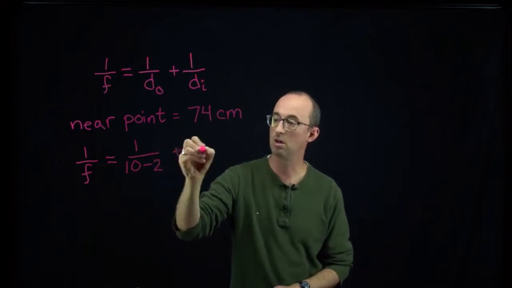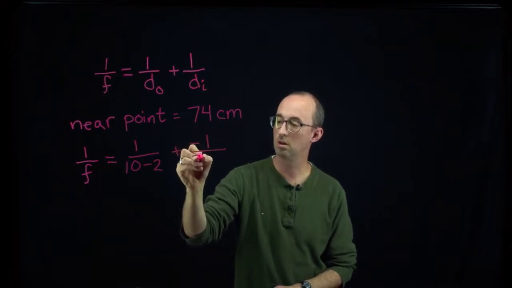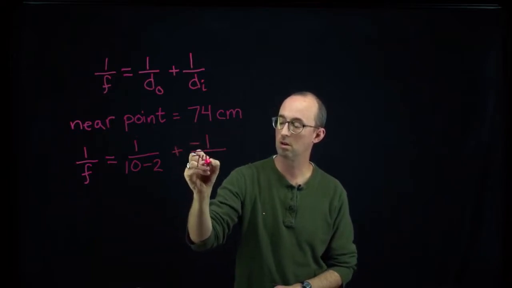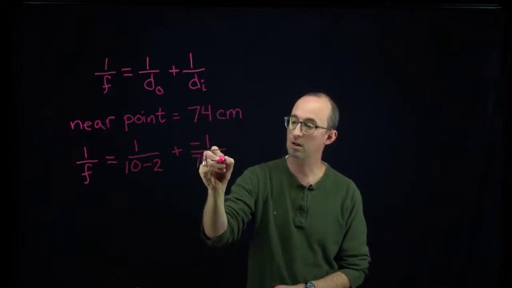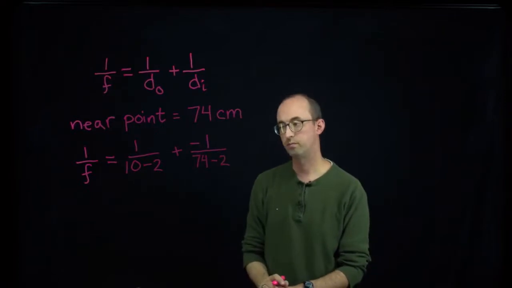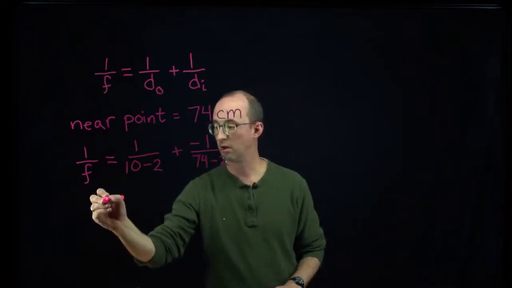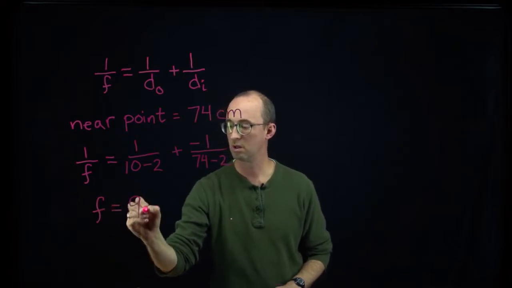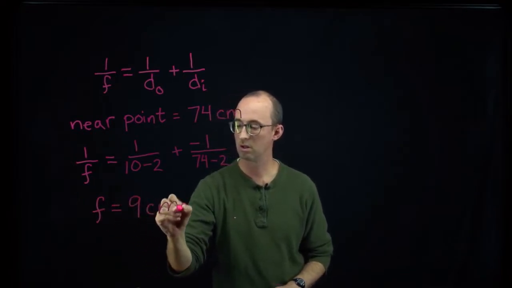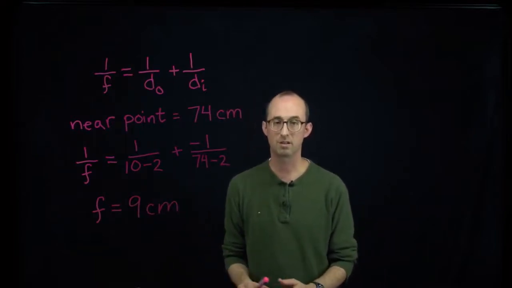And the image, which again is virtual, needs to be created 74 centimeters from the eye, but we have to subtract off that 2 centimeter distance. When you go through and you do this, it works out that the focal length is 9 centimeters.